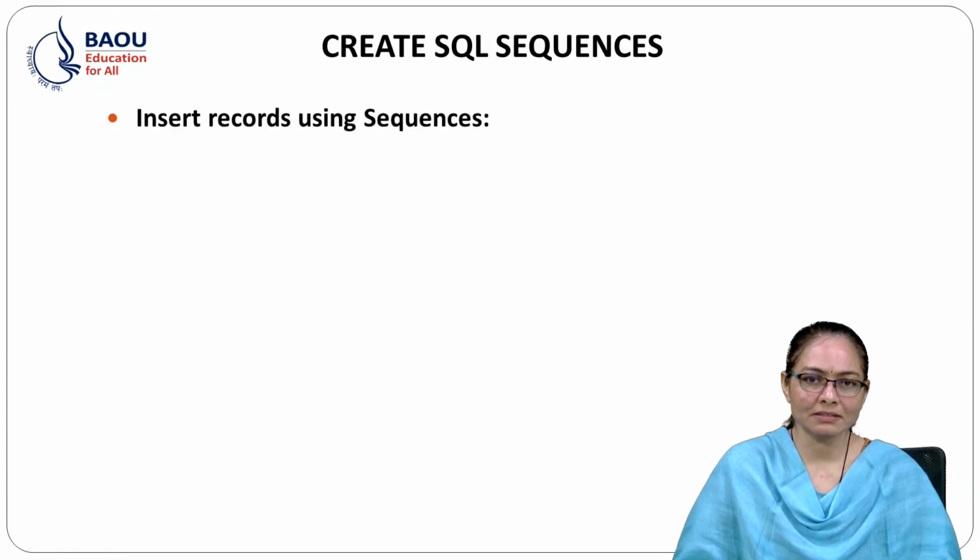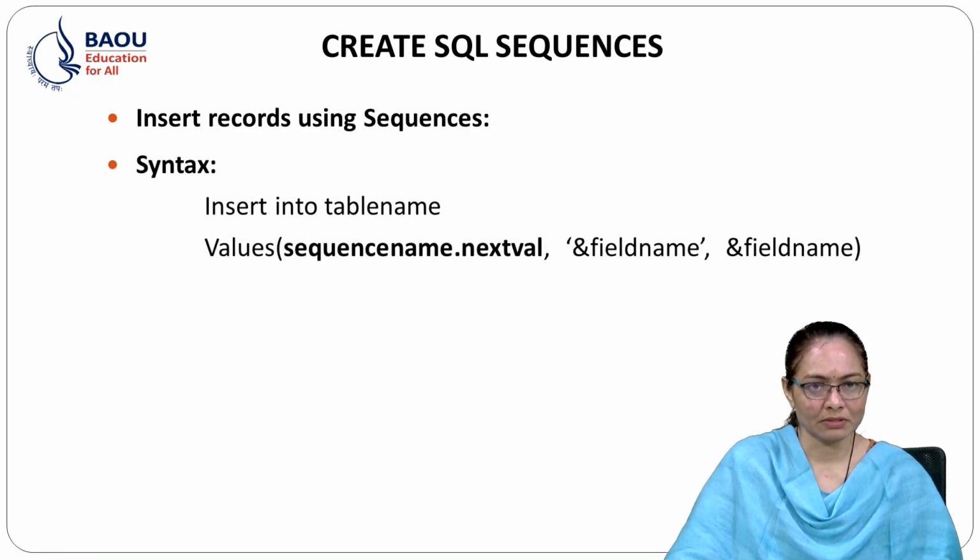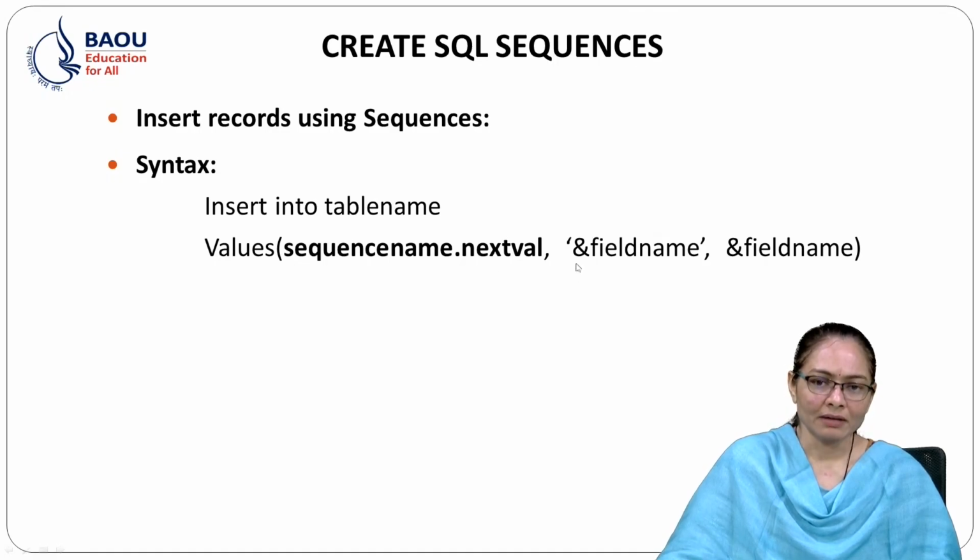Now, how to insert a record using a sequence? Insert into the student table using the sequence. The syntax is insert into table name, then values in brackets, sequence name dot nextval, comma field name, comma field name, where field name means the column name.